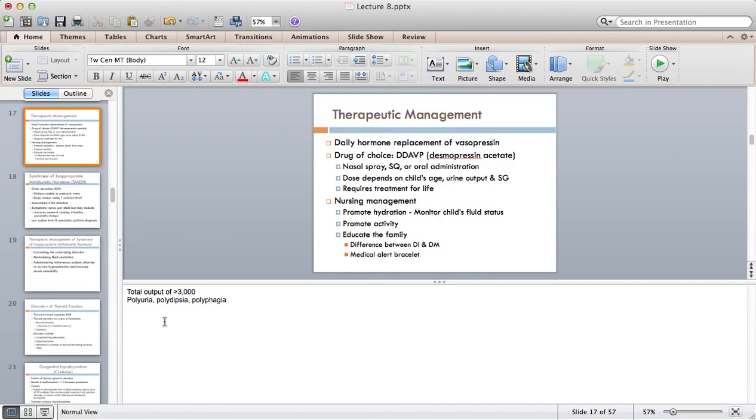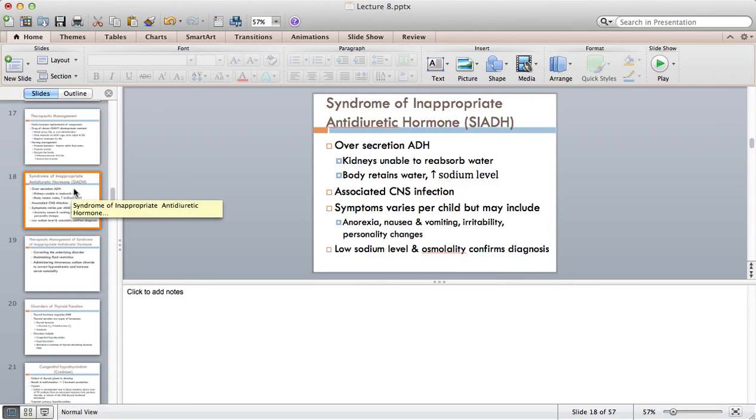Even an adult, I don't care how full your bladder may be, you go in there and void, you don't have 1,000. If it is full and overflowing within an hour, something is wrong.